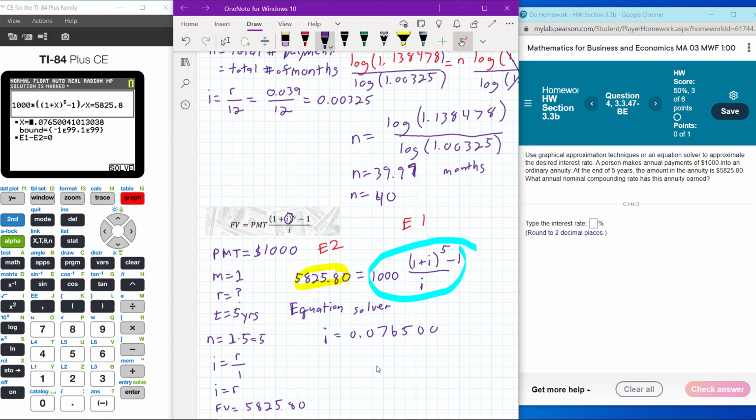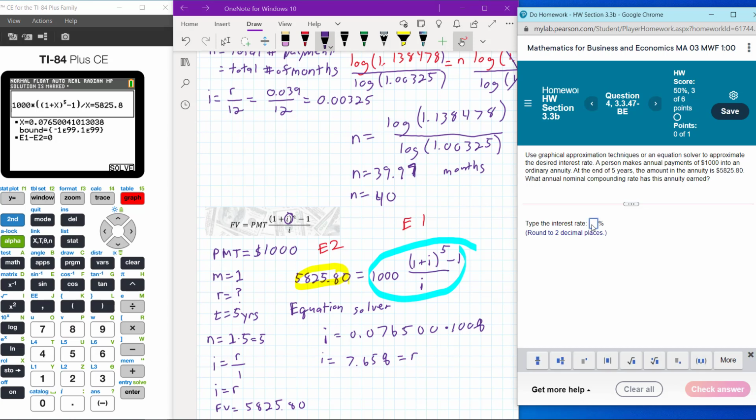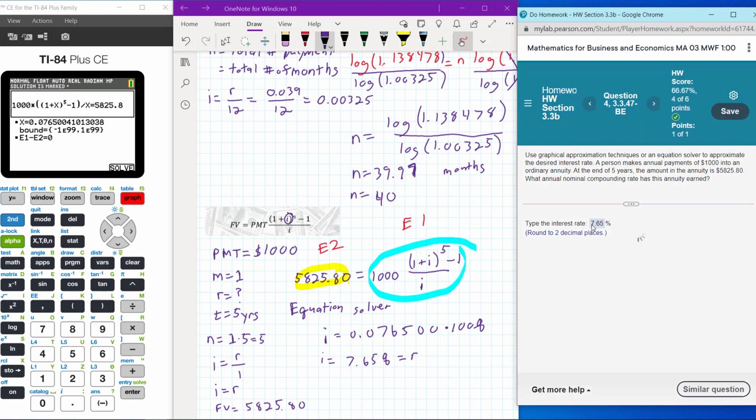Well, if that's the case, then as a percent, we can multiply this by 100 to get our percentage, and that will give us that I is equal to 7.65%. Now remember, I is equal to R, so this is also equal to the annual rate. That's what we want to put in here. 7.65. And there you go.